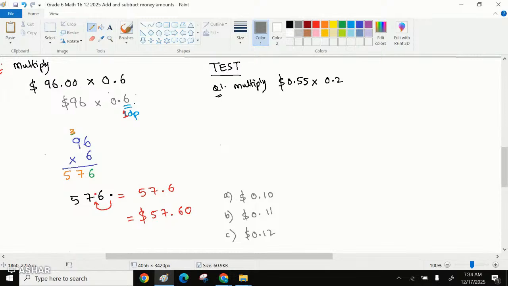Let's see which of the options is the correct option. I'll give you some time. I want you to try and tell me which is the correct option, and then we'll solve it together and verify the answer. Okay, let's do it together.